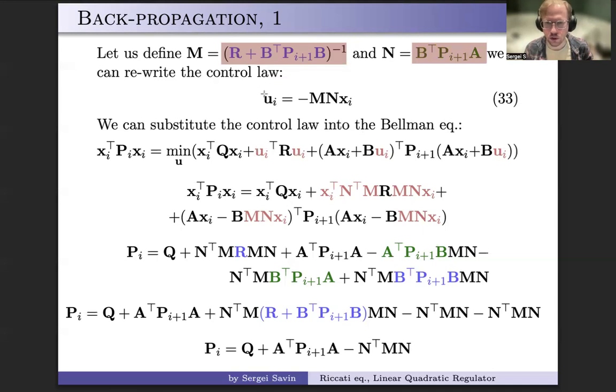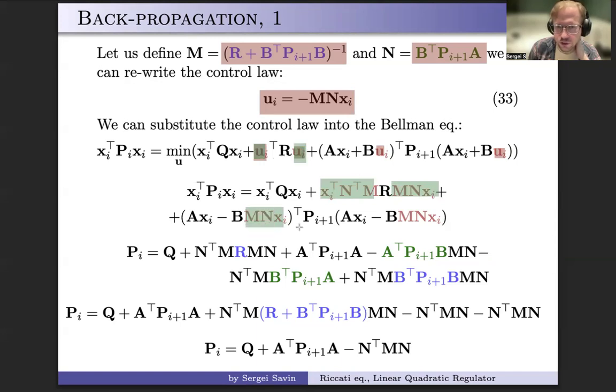And then our expression for u will become minus m times n times x, right? We have to substitute u into all of those positions here in this equation. All right, let's do it. So we substitute it in front of r. Here we substitute it in front of b. And that's it.